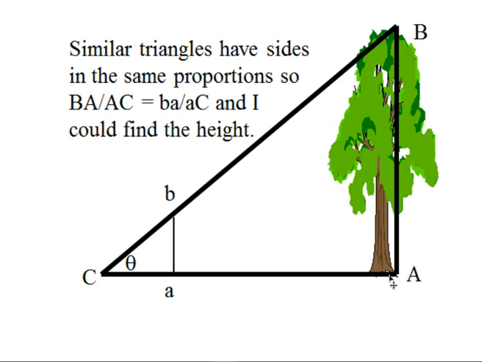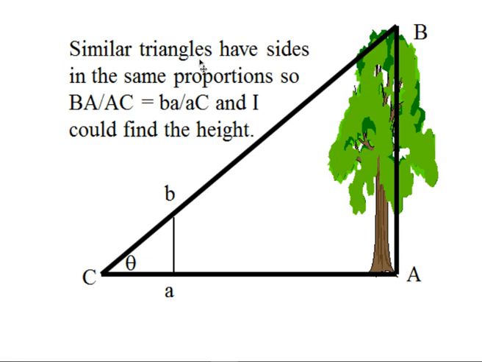So what I do is I measure some distance away from the tree, find what angle I have to look at to see the top of the tree, and then I make a little scale model of that situation, with the same base angle and the same right angle here, so that the big triangle, capital A, capital B, capital C, and the little triangle, lowercase a, lowercase b, capital C, are similar to one another.